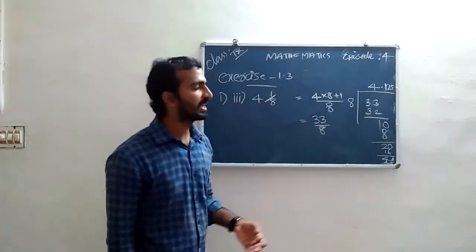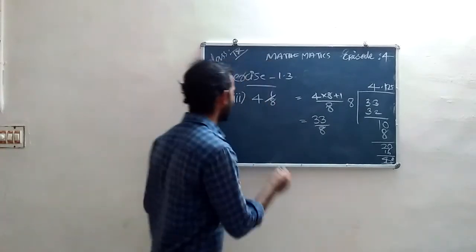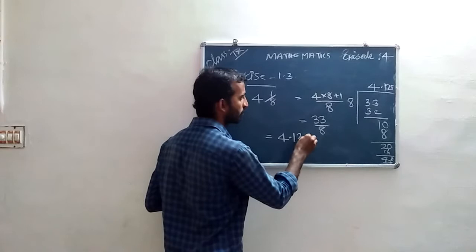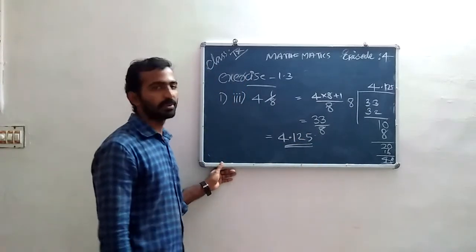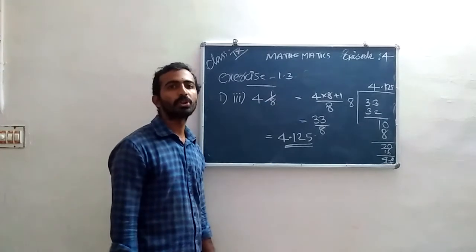When we divide 33 by 8, we get the answer 4.125.